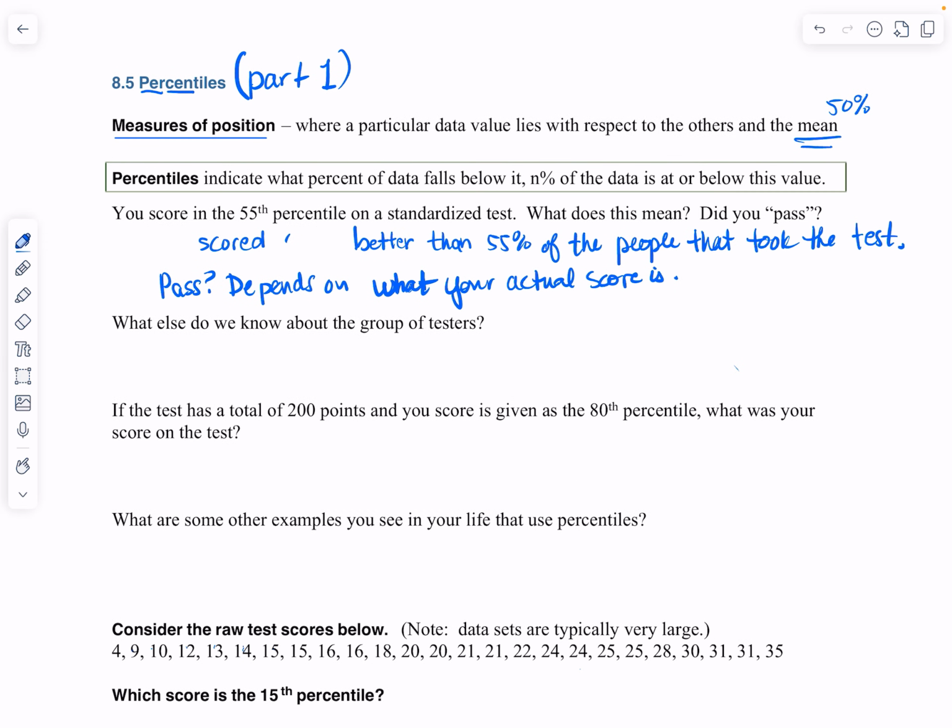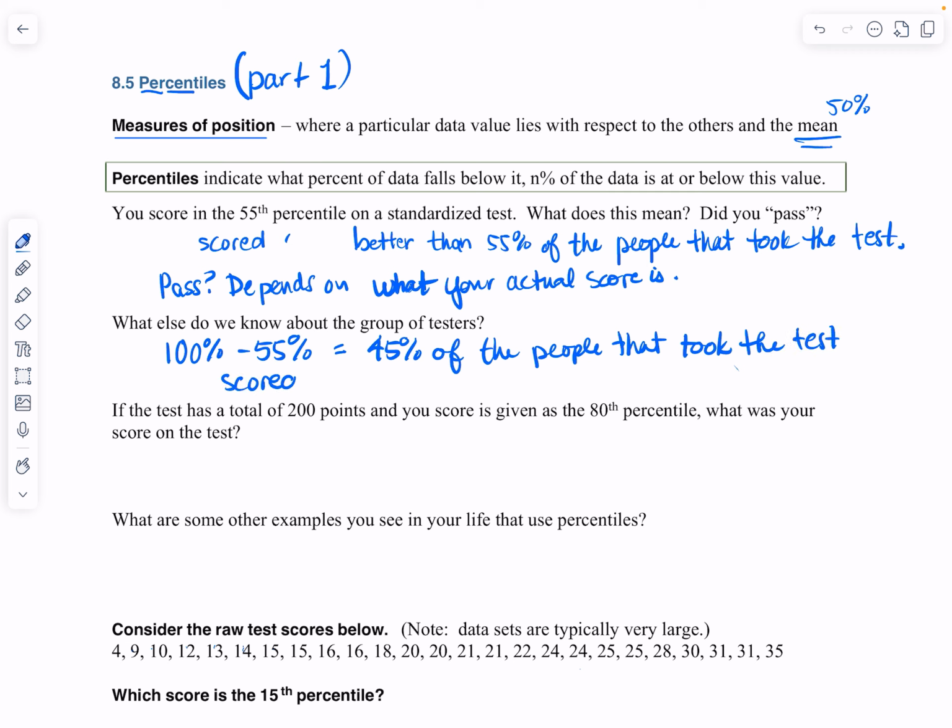We also know that if we take 100%, so that's everybody, minus the 55%, we find out that 45% of the people that took the test scored better than you on the test.